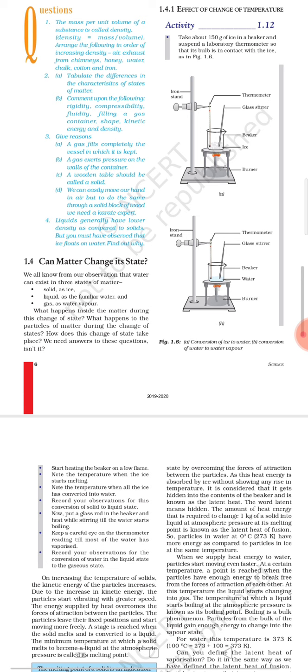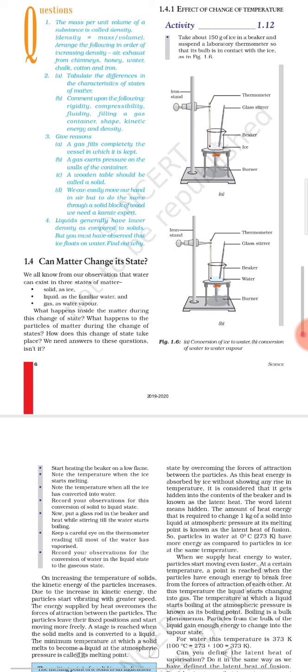The next one is filling a gas container. It means that when you fill a container with gas, all the space inside the container is occupied by gas. It is because gas has high kinetic energy and moves randomly everywhere.